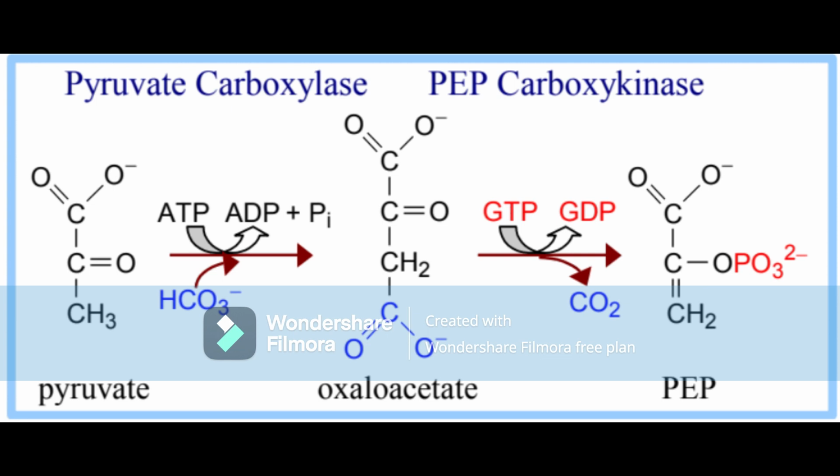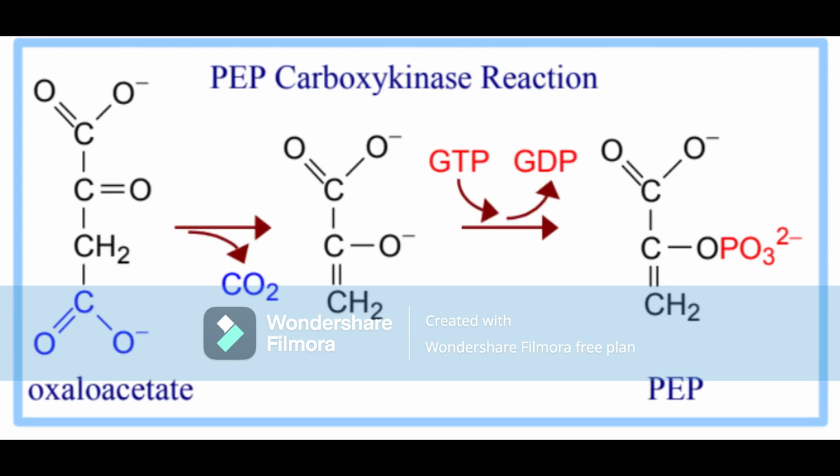In this step, the pyruvate produced during glycolysis is converted to oxaloacetate through the action of the enzyme pyruvate carboxylase. The second step is the conversion of oxaloacetate to phosphoenolpyruvate.